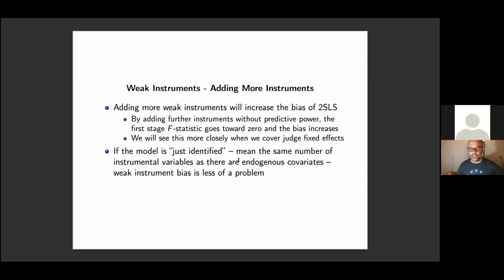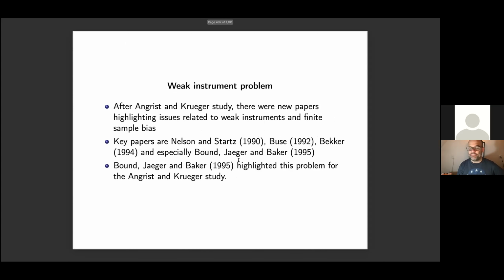If the model is just identified, so after Angrist and Krueger, there were all these papers highlighting issues related to weak instruments and finite sample bias. The issues with this bias of two-stage least squares are ultimately caused by the size of your data set. Why is it weak?